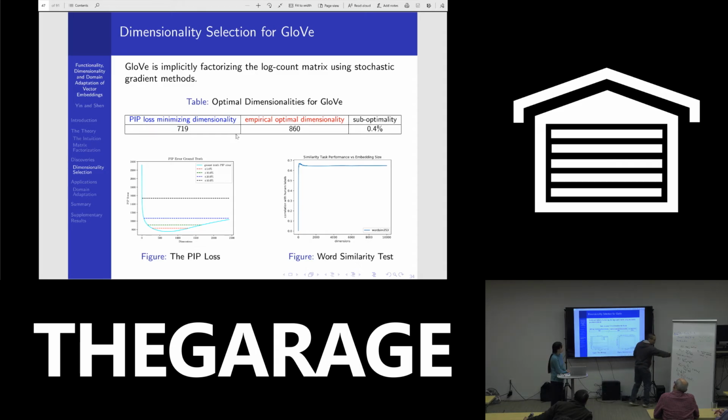If we call this curve f, we have f of 860, which is the highest, and we also have f of 177719. And we take 1 minus them.